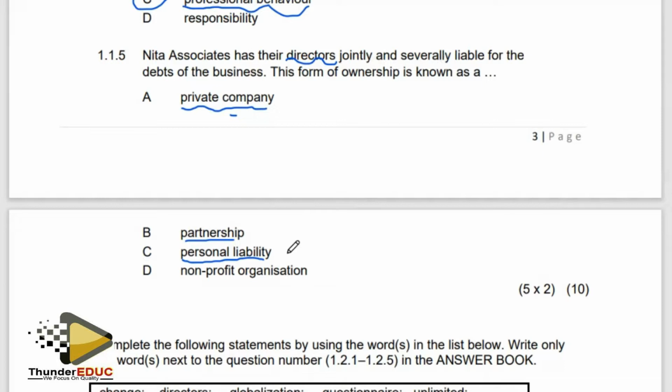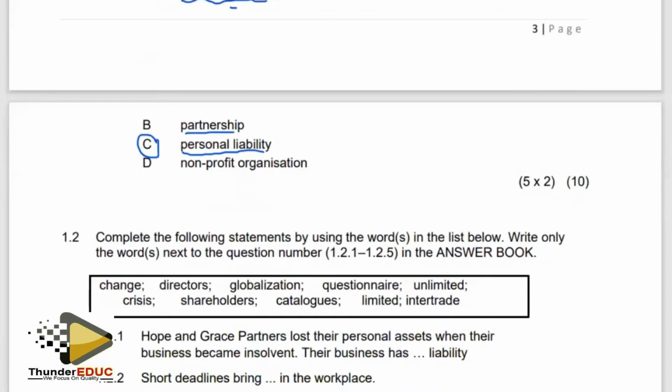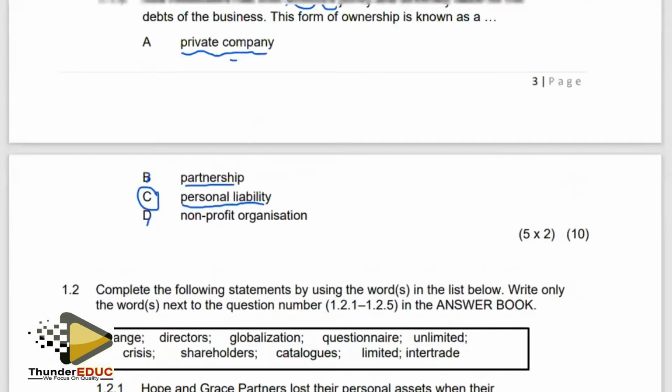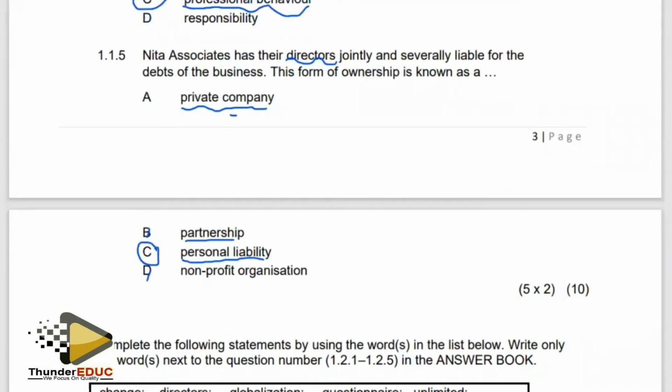The directors are jointly liable for debts and other liabilities of the business, and that is what we call a personal liability company. Non-profit organization was totally out. Partnership was totally out. And the confuser here was the private company. Take note of that.